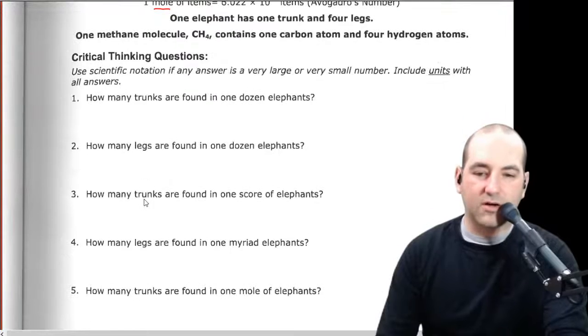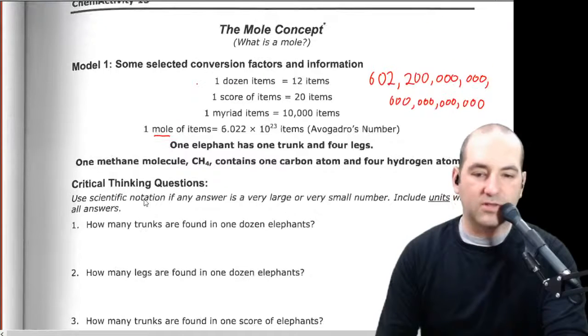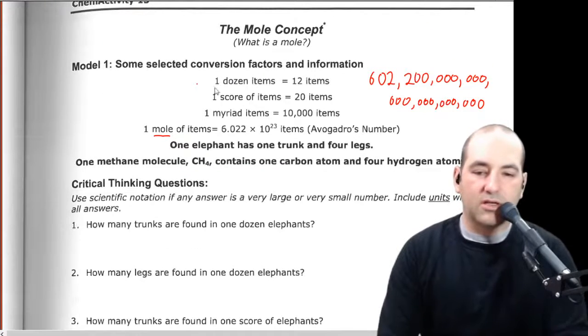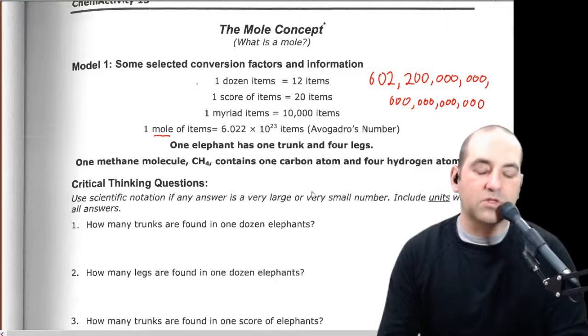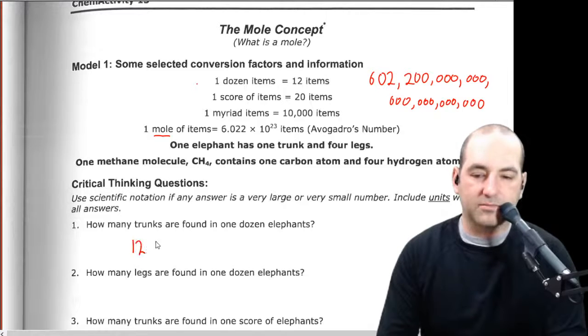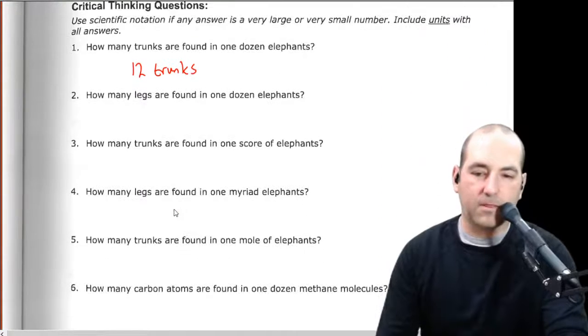How many trunks are found in 1 dozen elephants? Well, a dozen is 12, and there's one trunk per elephant, so it must be 12 trunks, right? And how many legs are found in 1 dozen elephants?